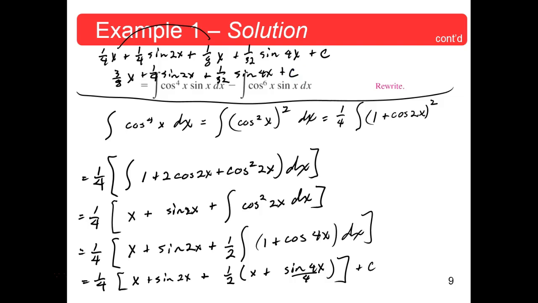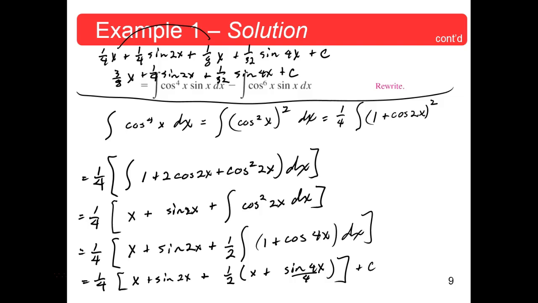Now, for some reason, the book likes to pull out a fraction. I'm trying to remember which one they do. 1/32? No, they leave it just like that. Good for them.